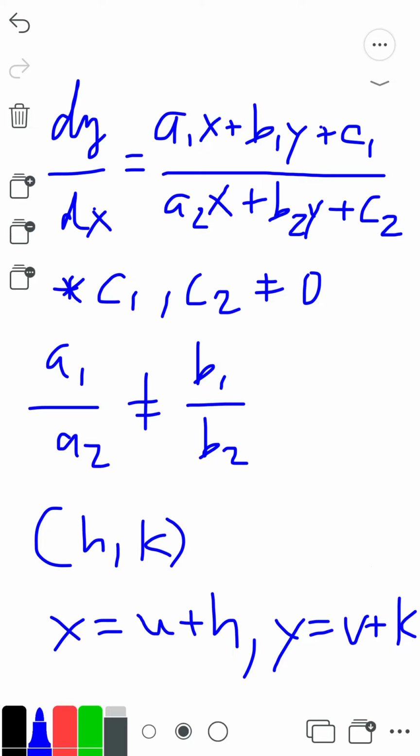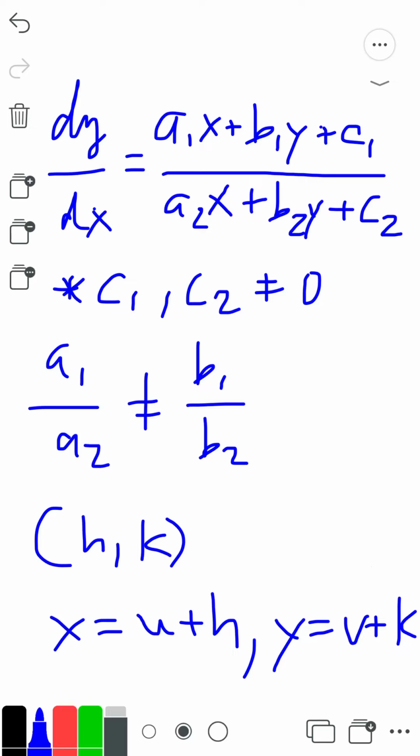Basically the idea here is you find the intersection of the two lines, the numerator equals 0 and the denominator equals 0, and let's say the intersection is hk, then you substitute x equals u plus h, and y equals v plus k, or any other variables that you prefer. After substituting this, you will see that the c1 and c2 will become 0.